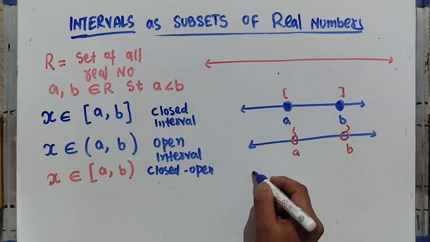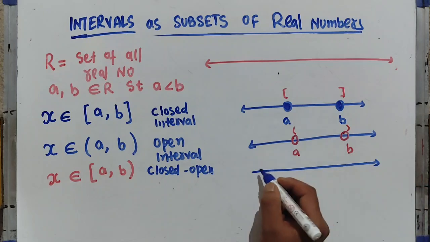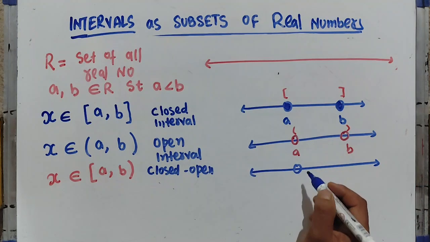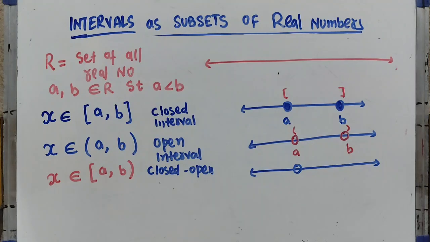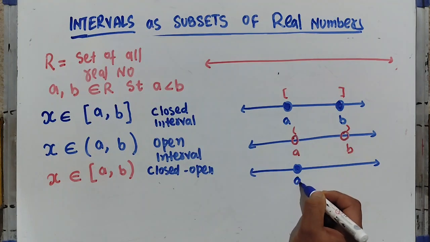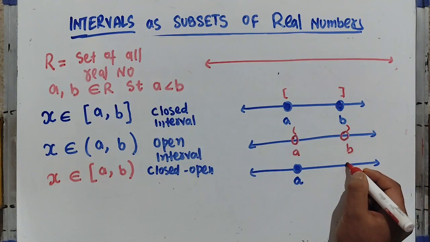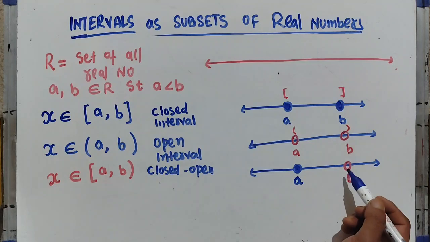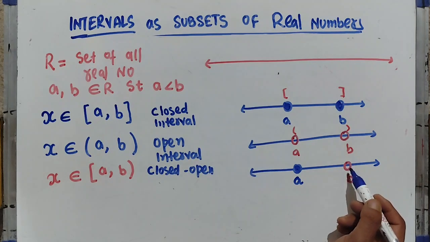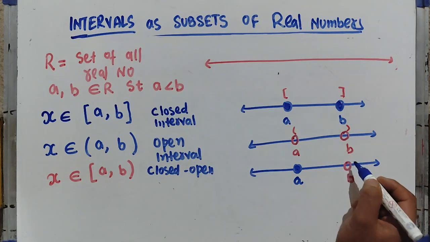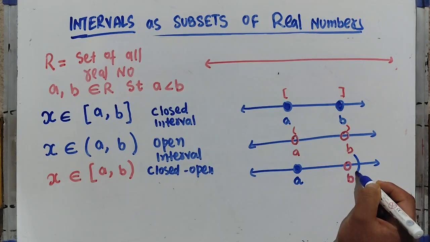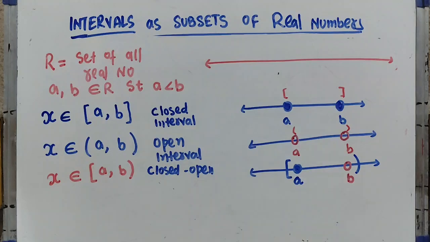On the number line it will be like this. Let us suppose we have this number line and we have two numbers a and b. Here we include a but exclude b, because it is closed from the left side and open from the right side. So here we will have the closed bracket.